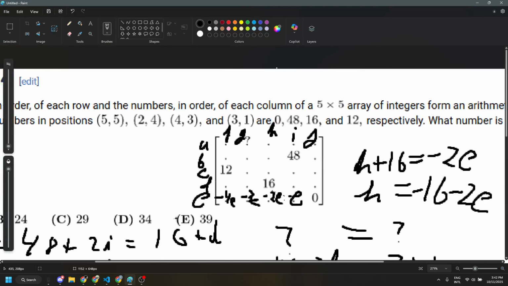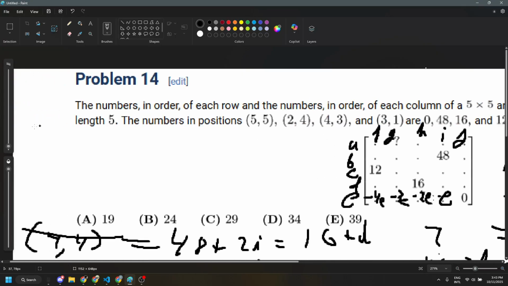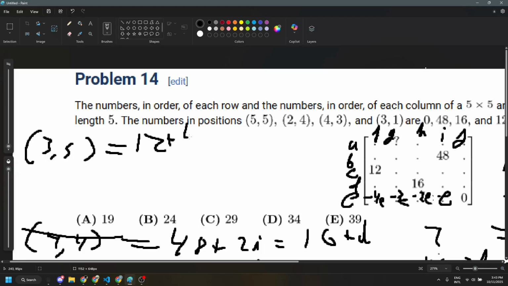Now, we need to find another equation in terms of c and g, or in terms of something. So c is just here. Now we need to use 0. So in terms of c, what is that? That would be 3, 5. 3, 5 is equal to 12 plus 4c is equal to 0 minus 2j.